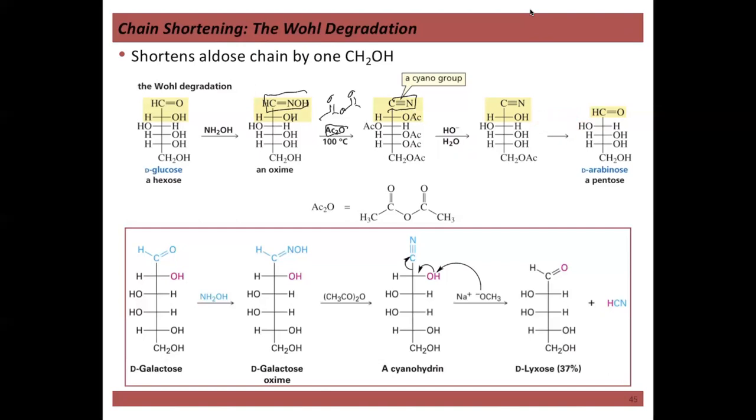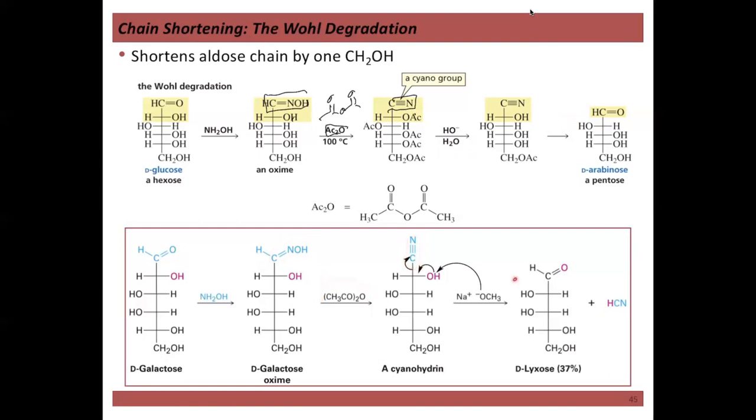So this Wohl degradation is, again, just the reverse of the Kiliani-Fischer synthesis. We make this imine or oxime. We actually take acetic anhydride, convert it into a nitrile. And then what we do is we kick that nitrile out.